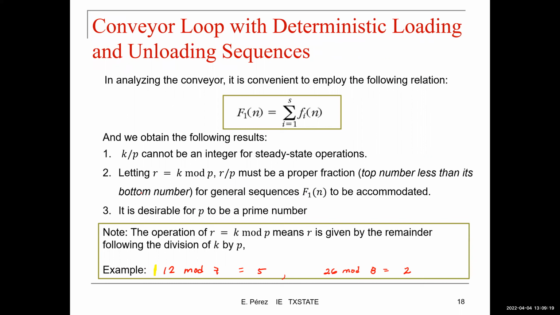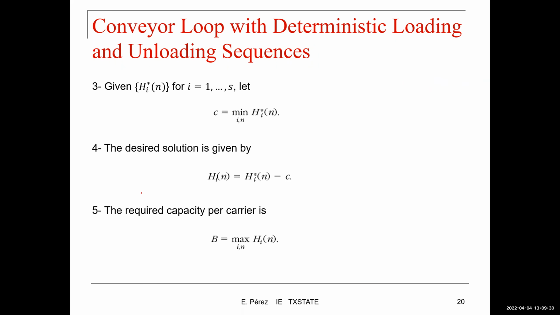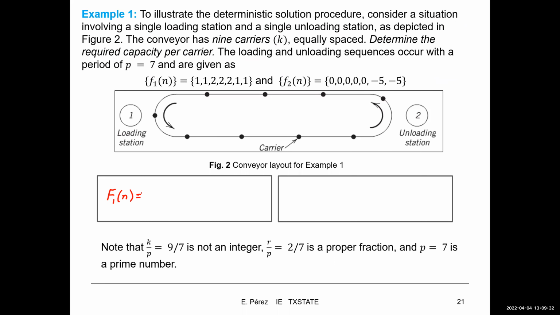I'm sorry, we're going to do the summation from I equals 1 to S of F1 n. So essentially, we are going to look at each one of these items, and we're going to do the F1 plus F2.